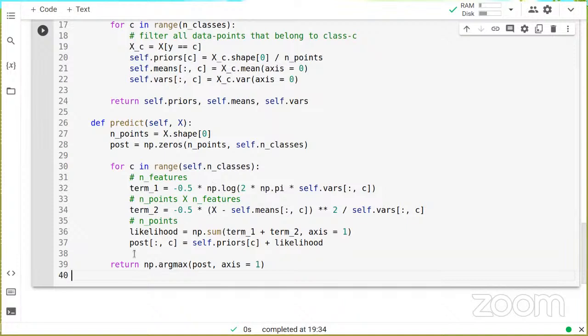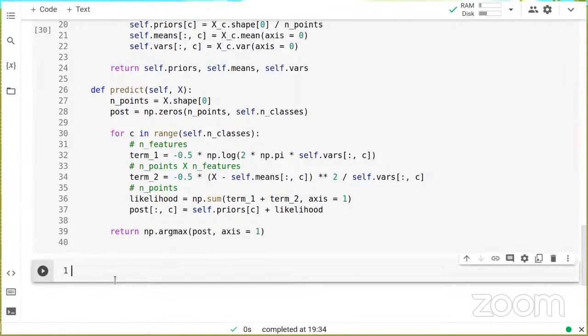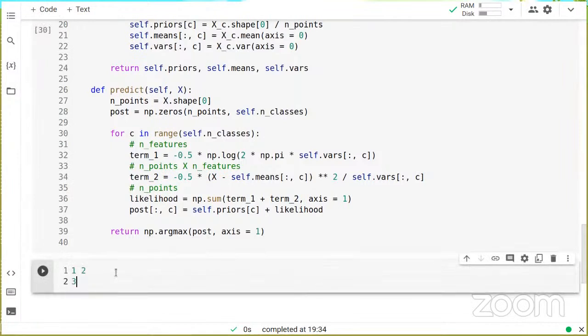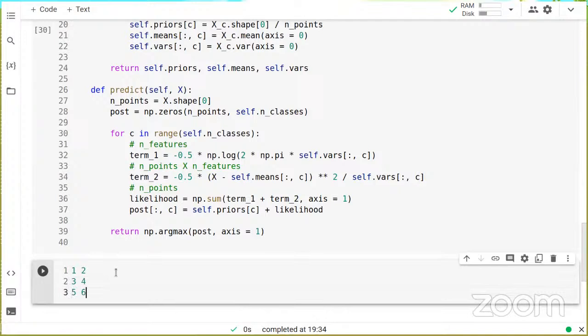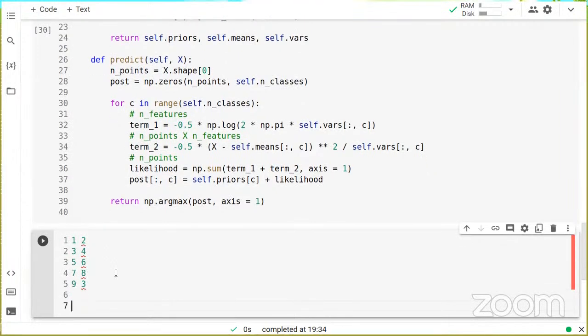For example, if X is like this: 1, 2, 3, 4, 5, 6, 7, 8, 9, 7, 9, 3, and the mean also will have two values, let's say 3 and 4. One of the broadcasting rules is that the last dimension of both the arrays should match.